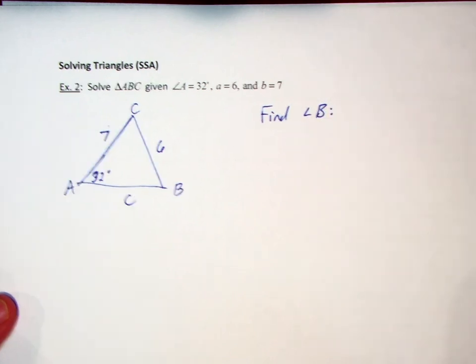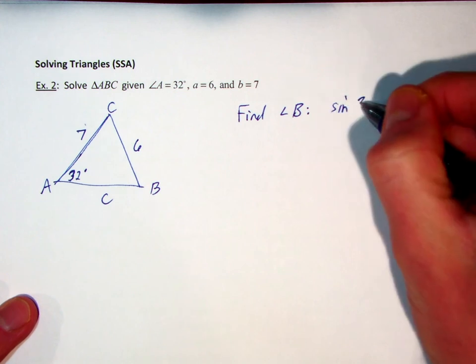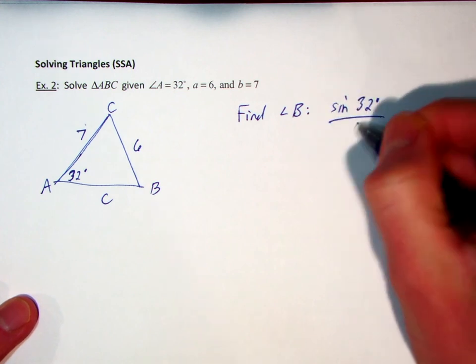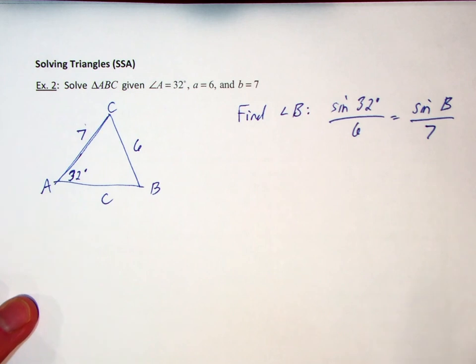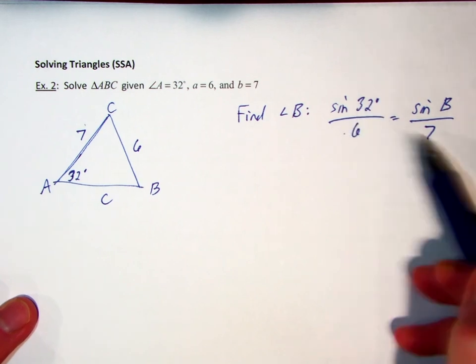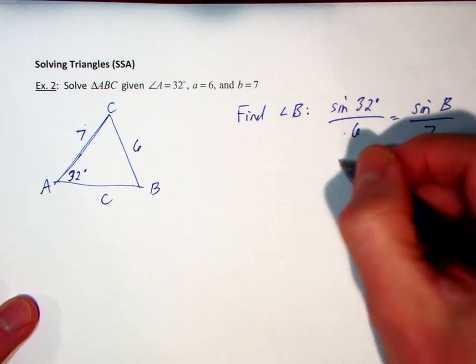Okay. So I'm going to use my law of sines again. That the sine of 32 degrees over 6 is the sine of B, which I'm trying to find, over 7. Right? So again, three things I know, one thing I want to find. Okay? So I'm going to multiply both sides by 7.